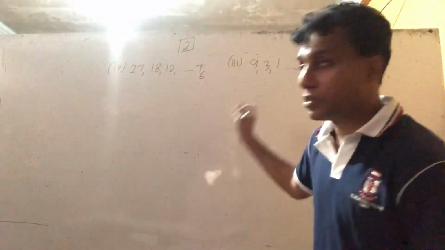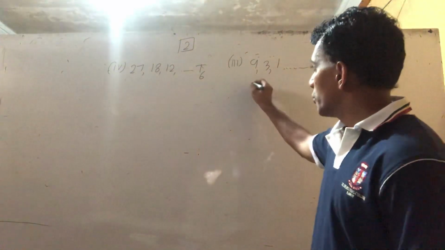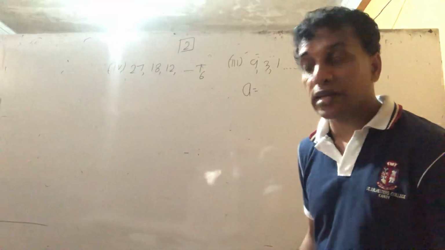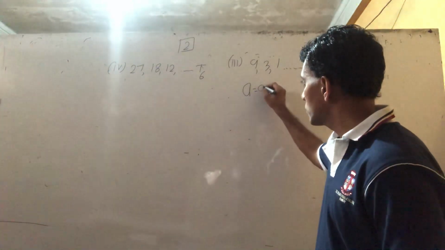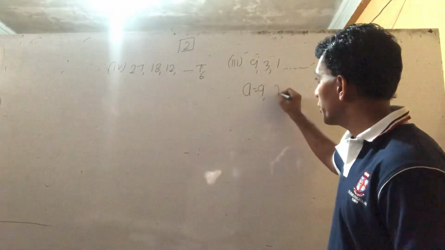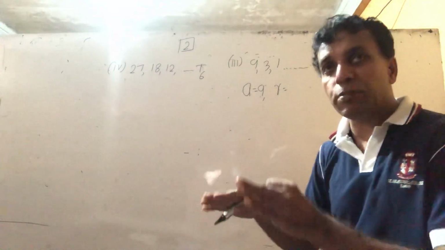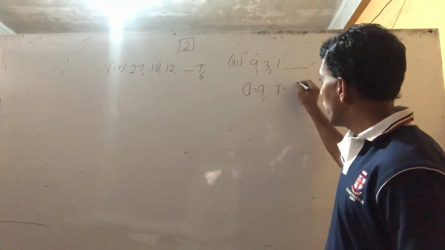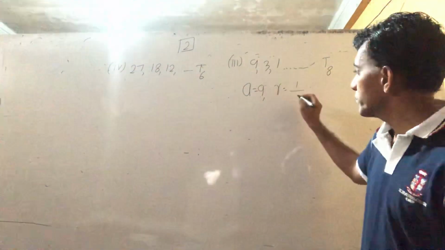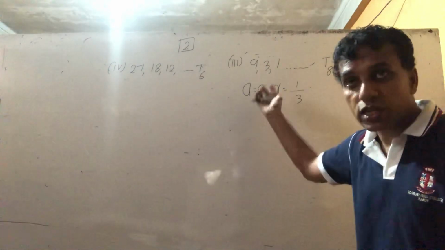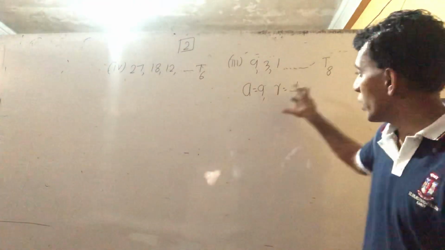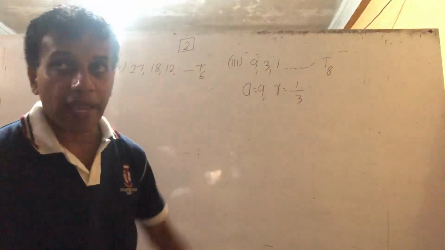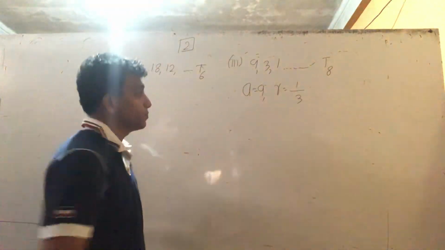We write a, the first term. The first term is 9. What is the common ratio? You take any later term and divide by its previous one, right? So I take 1 divided by 3, or 3 divided by 9. Same answer, 1/3. The common ratio is 1/3. So find the 8th term of this progression.